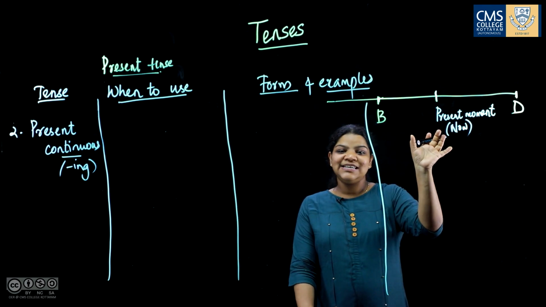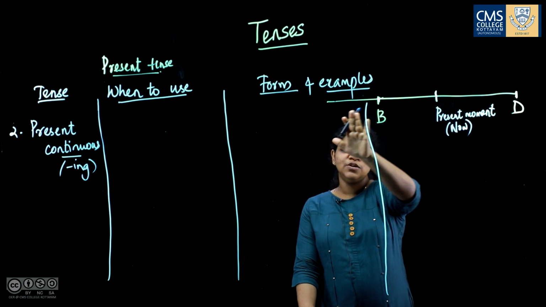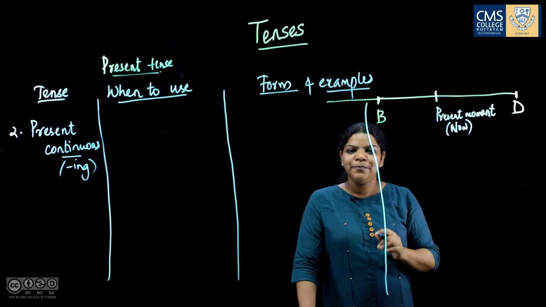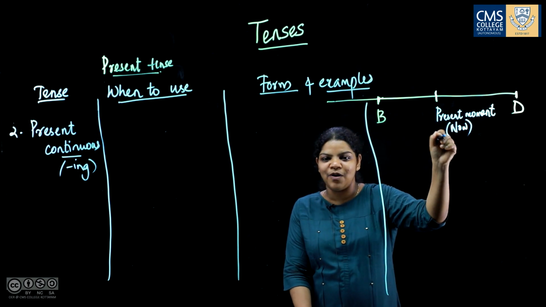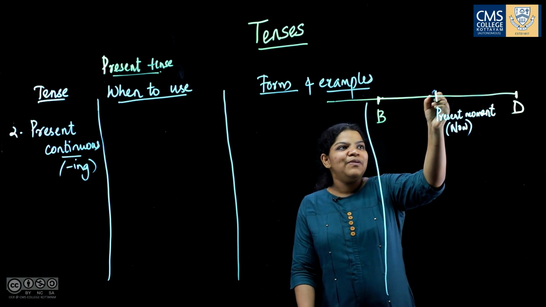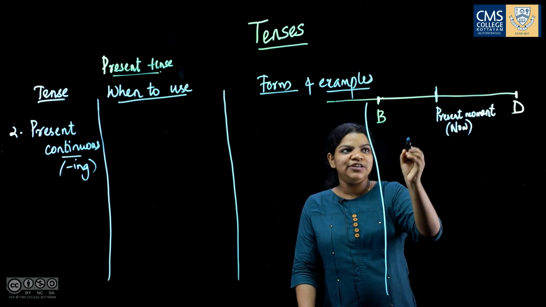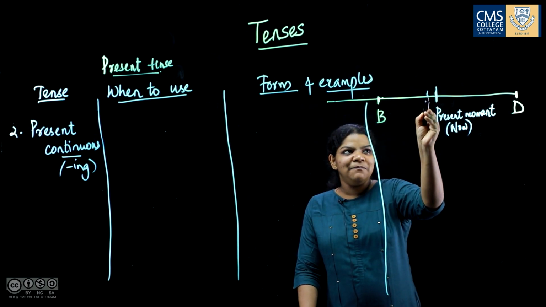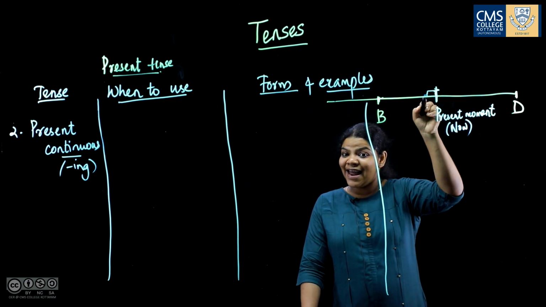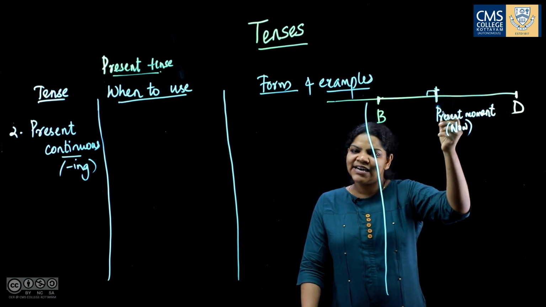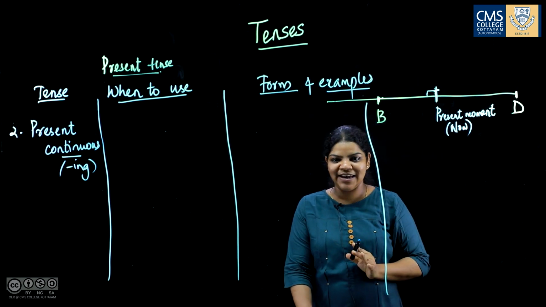We said simple present tense happens over a span of time. But present continuous tense is exactly what happens at the present moment. That is, present continuous tense is an action which started some time back and is continuing now. It is happening at the moment, and it might continue for some more time and then come to an end.